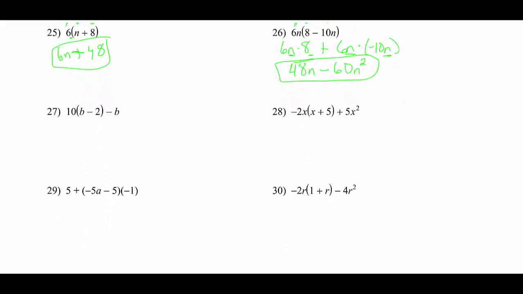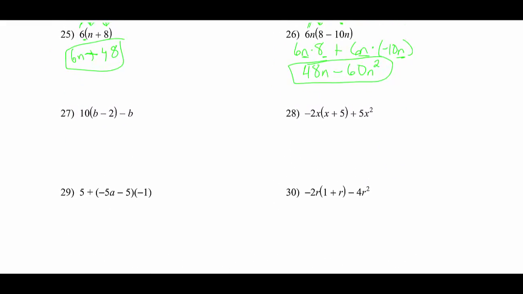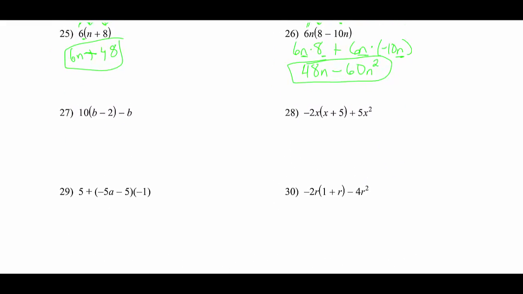Almost done here. So we're going to distribute and get 10 times b, which is 10b. Then we'll do 10 times negative 2 and get negative 20. And this minus b at the end, it's not being multiplied. There's not a dot, there's not parentheses, so that is saying minus b on the end.